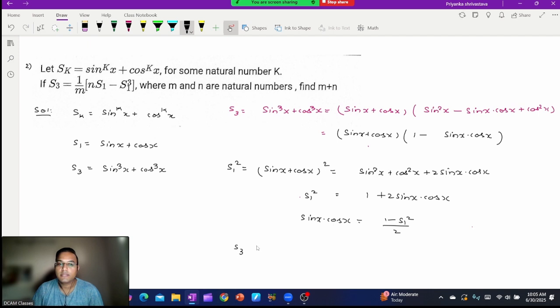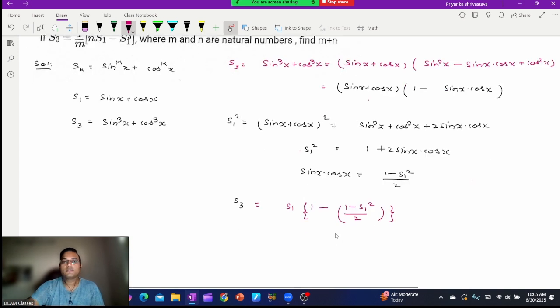So it became S3 is equal to S1 into (1 minus sin x cos x), which is 1 minus (S1 square minus 1) by 2. Let's try to simplify it.